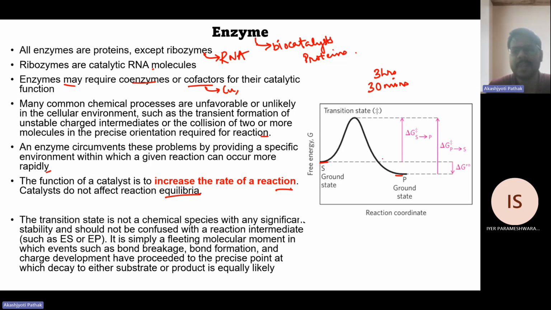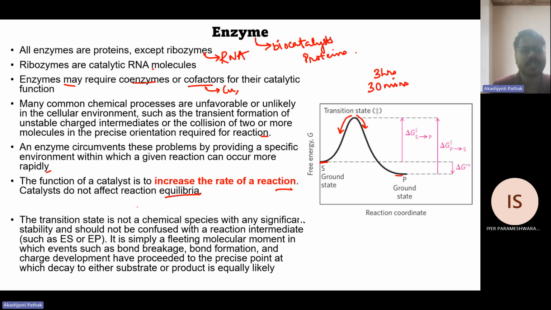When the substrate is converted into product, a transition state is formed, right? So what is the transition state? The transition state is a state which is formed for a very small time, and in this state the species that is formed has equal probability of moving back to the substrate or forming the product.